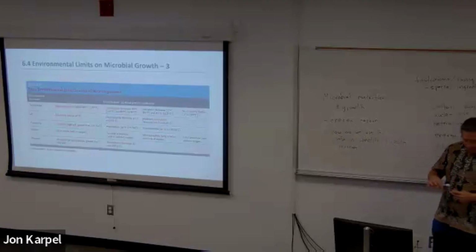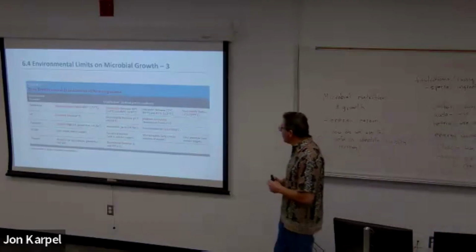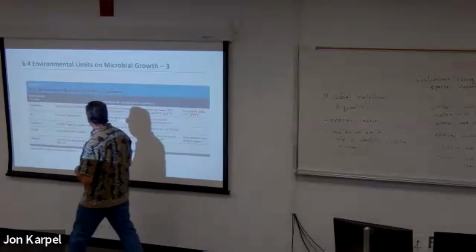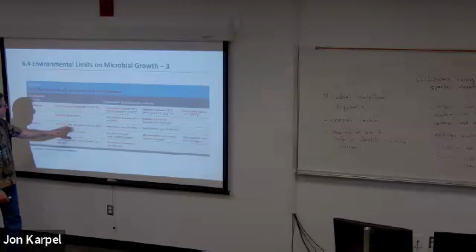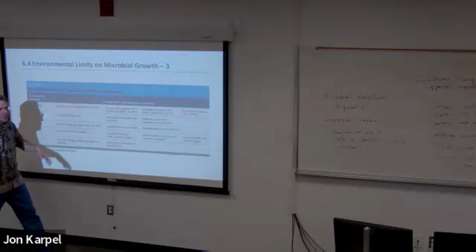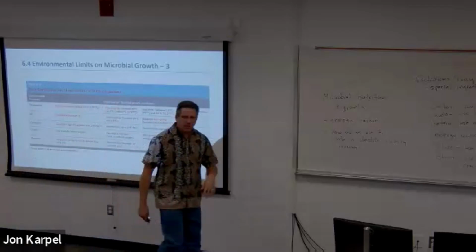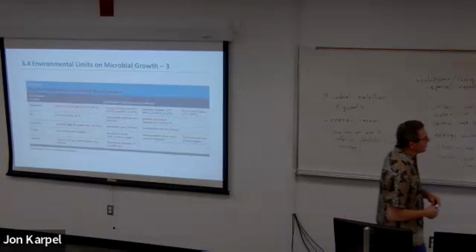Okay, so there are some terms that go with this that I want you to know. They're pretty straightforward. In terms of temperature, you would call those thermophiles. Phile is to like, therm is heat. So you have hyperthermophiles or just thermophiles.